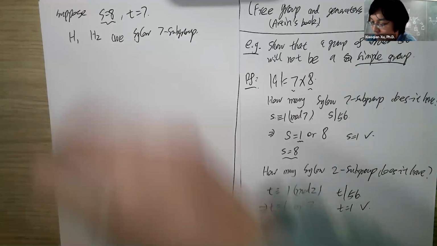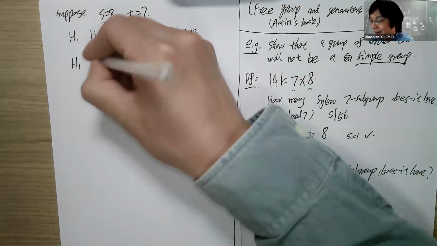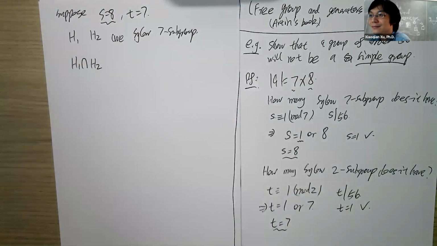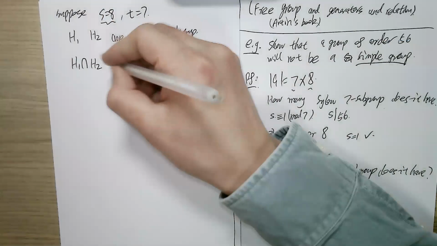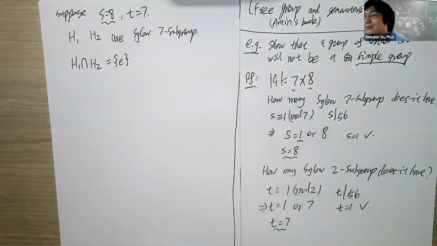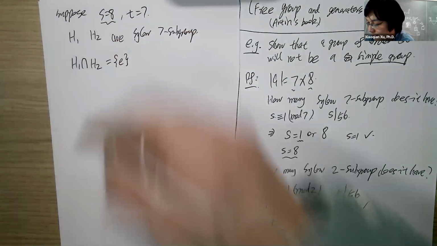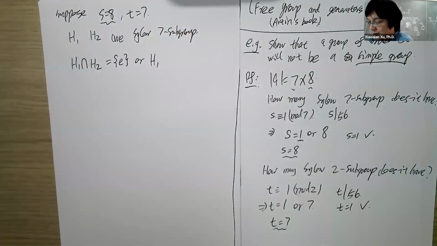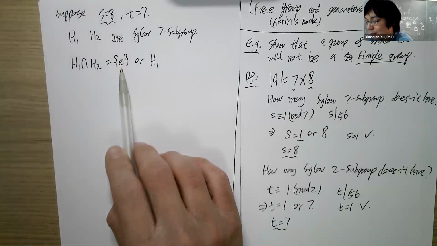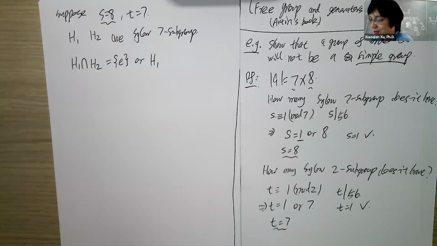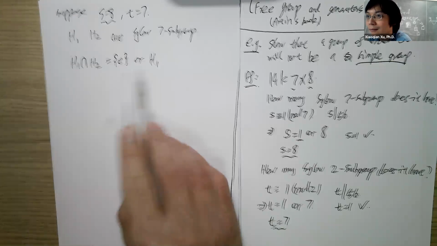If H1 and H2 are both of order 7, what can we say about the intersection? It must be the identity, or H1 or H2, right? Because the number of elements must be a factor of 7, which means it's either 1 or the whole thing.